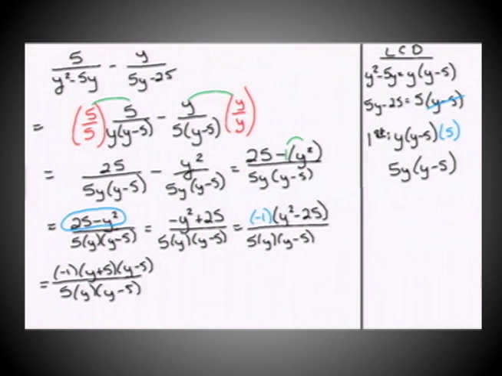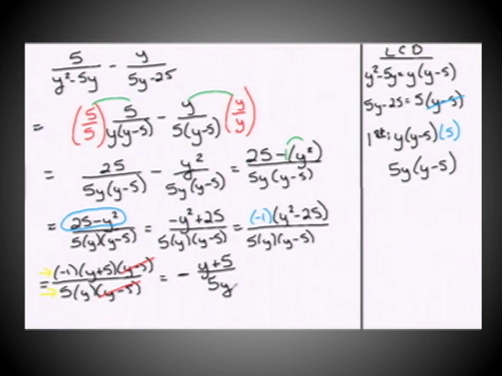So we do have common factors that divide out because anything divided by itself is 1. You can see that we have a negative being divided by a positive. So that's just going to make our entire expression negative. I can just bring that negative 1 out front to multiply with the entire expression. And we have left in the numerator y plus 5 and in the denominator 5y.